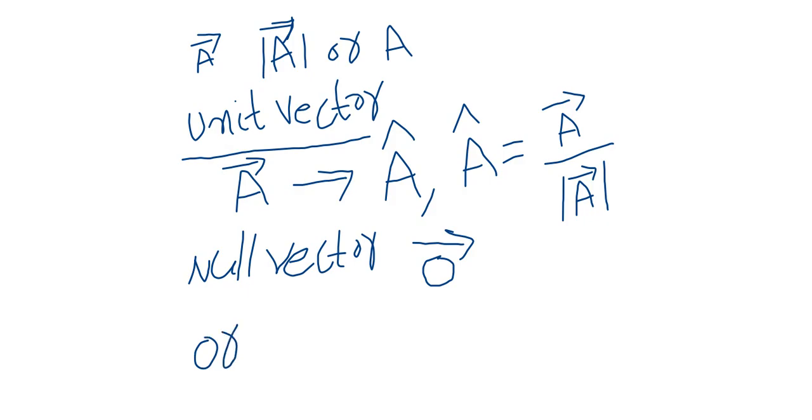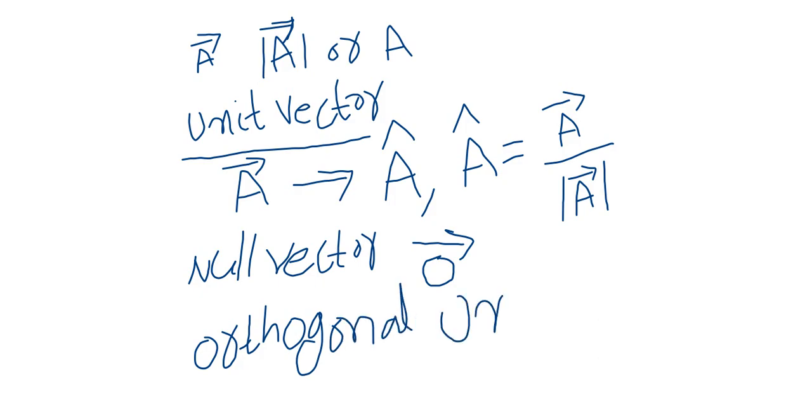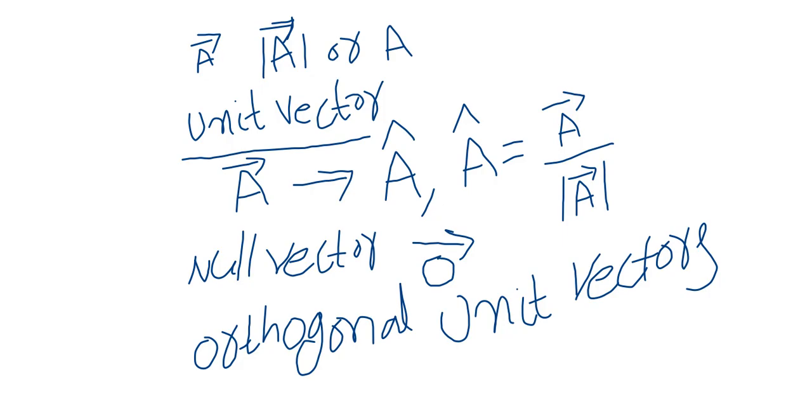Next is orthogonal vectors, or orthogonal unit vectors. I cap, j cap, k cap.